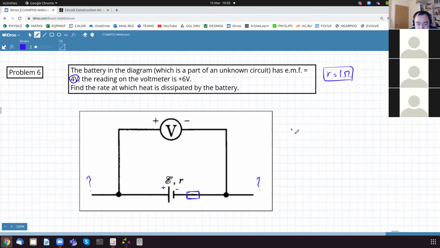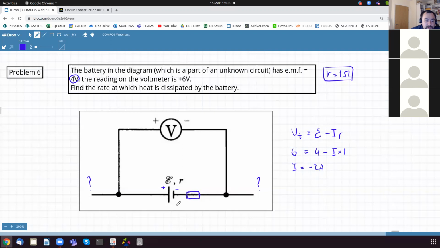The terminal potential difference is the EMF minus the current through the battery times the internal resistance. And since we know that this is 6 and this is 4, this is minus I times 1. Current is equal to -2 amps.